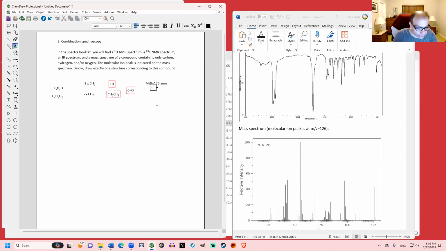So we'll subtract 16 for the oxygen. Actually, we could just as well subtract 28 for C double bond O, since we know that that's there. But we want to find out how many carbons and hydrogens there are if we can.